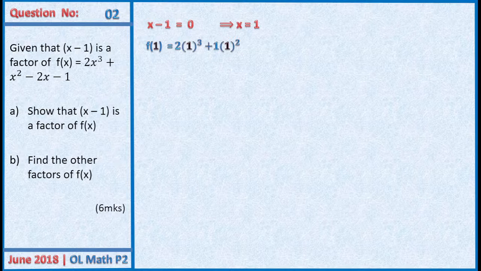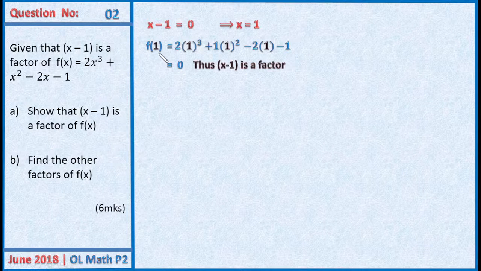So we substitute 1 in this equation, and the result we have is, as you can see, 0. So we have shown that x minus 1 is a factor. So this is the shortest and fastest way to show. Or you can use long division. You look for the remainder will be 0, and then you conclude that it is a factor.